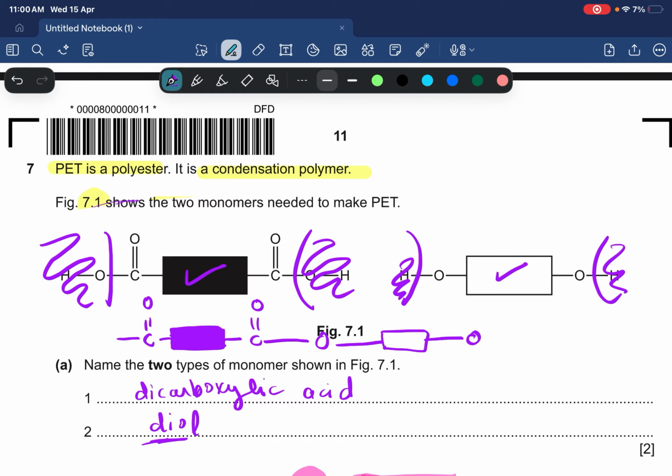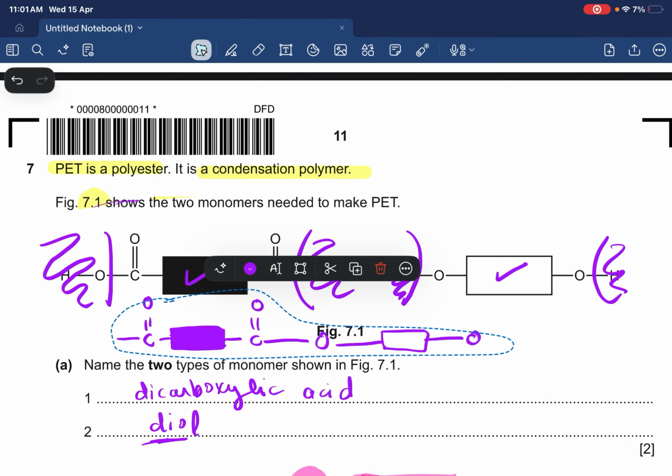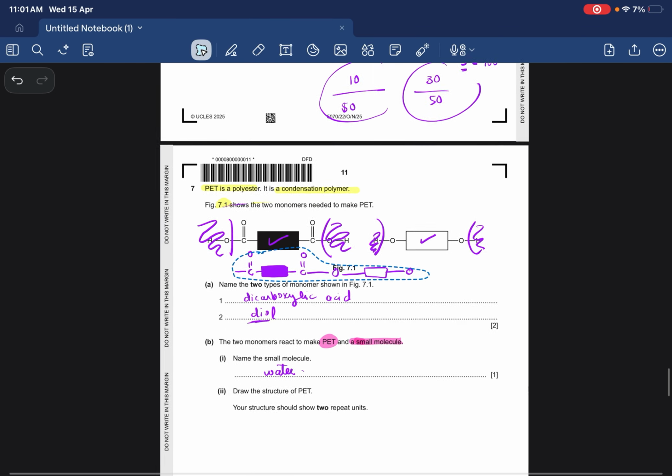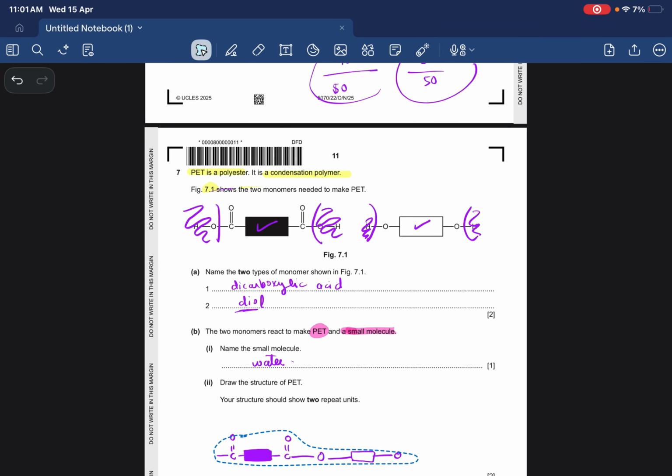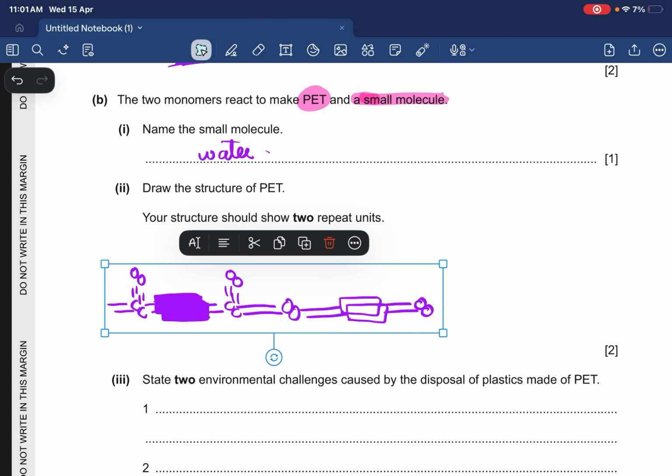But how many repeat units do I have to make? 2 repeat units. I copy my 1 repeat unit. I bring it down here, and I have to make 2 repeat units.